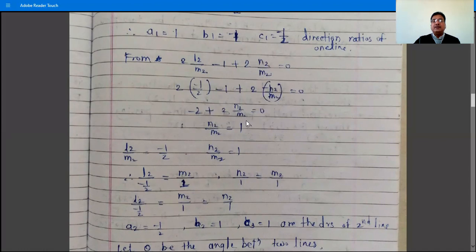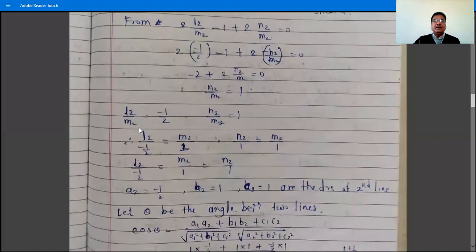So we have 2 times N2 by M2 is equal to 2, which means N2 by M2 is equal to 1. So L2 by M2 is minus half and N2 by M2 is 1.